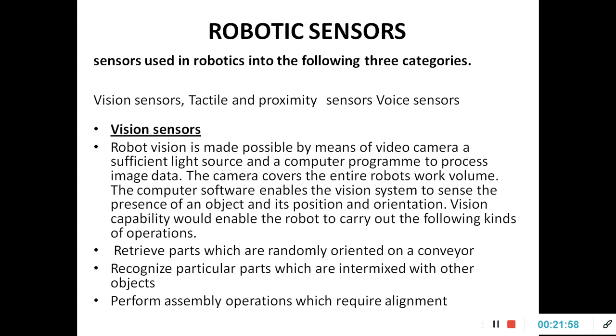Vision sensors are equipped with a camera and a sufficient light source. The information is sent back to the robot, so that an accident can be prevented, or the robot can be stopped before it hits the work.